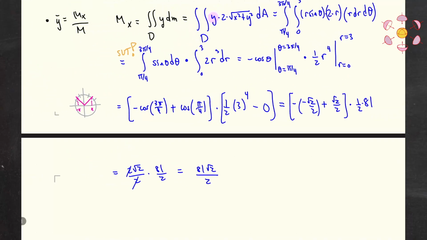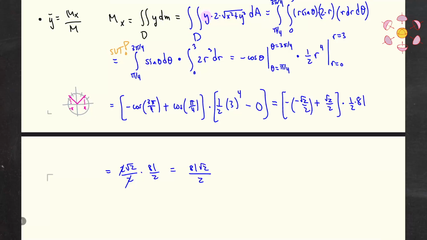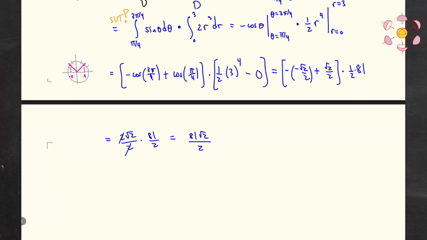Now, what is that? That is not our final center of mass. That is just our moment about the x-axis. So that tells us that y bar is Mx over m. So we've got 81 root 2 over 2 divided by 9 pi.